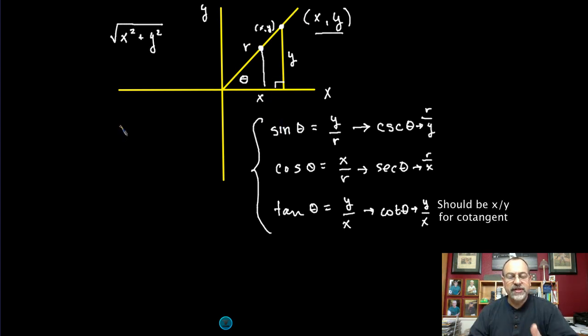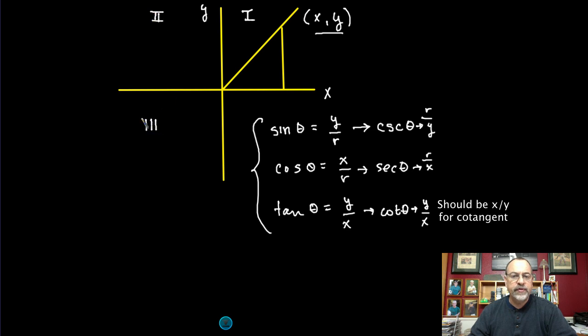So let's extend this just a little bit further in our discussion and tie this together a little bit tighter. If we were to think about the quadrants, this being quadrant 1, and this being quadrant 2, and this being quadrant 3, and then this being quadrant 4. And we make the connection that the sine function is related to the y value.